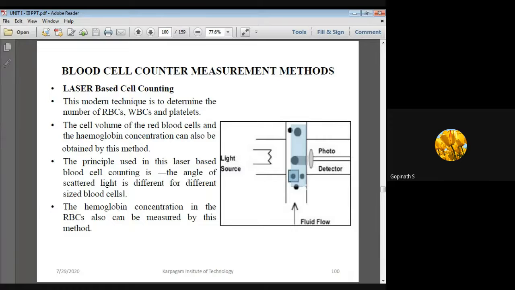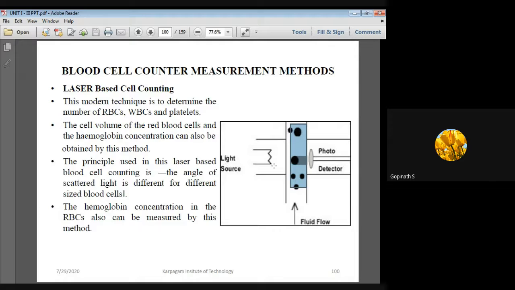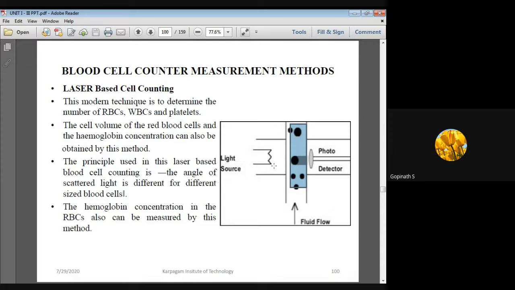Because the rays go across this blood column, the absorption by the cells may be different: light signal absorption by RBC, by WBC, and by platelets. All are different, so the density may also change.